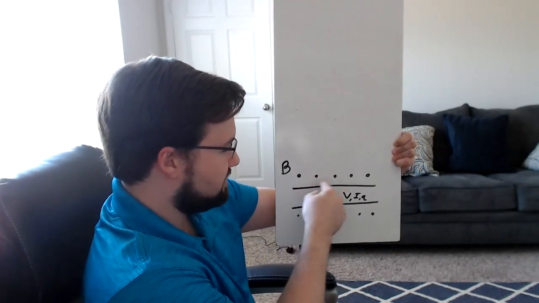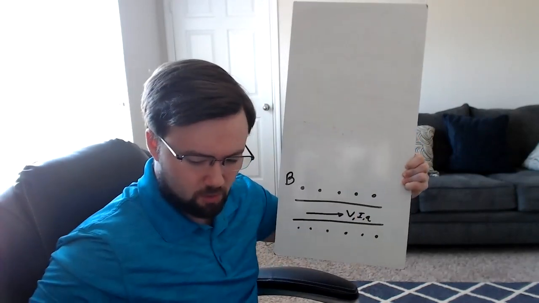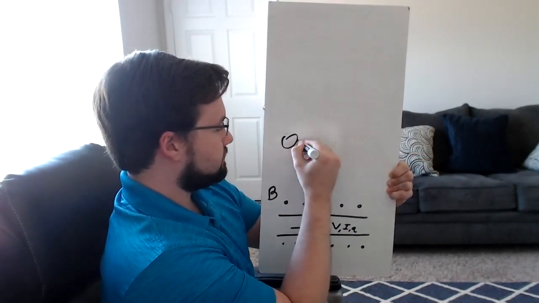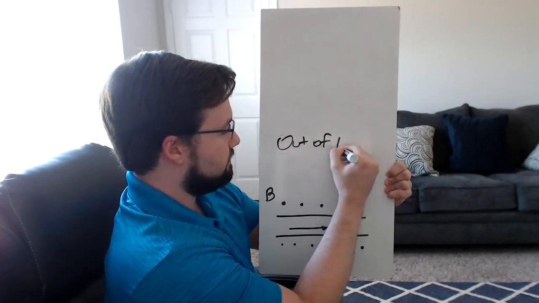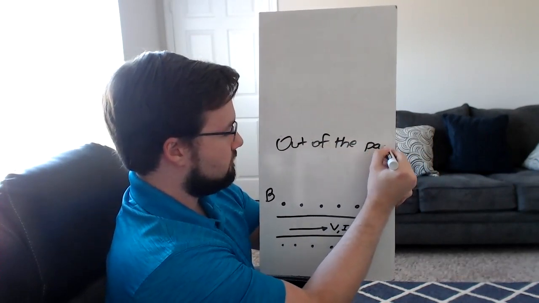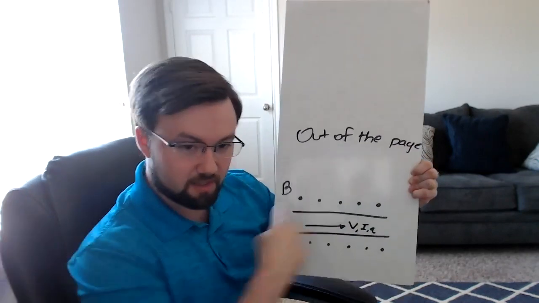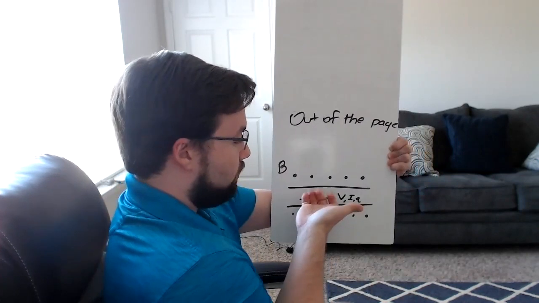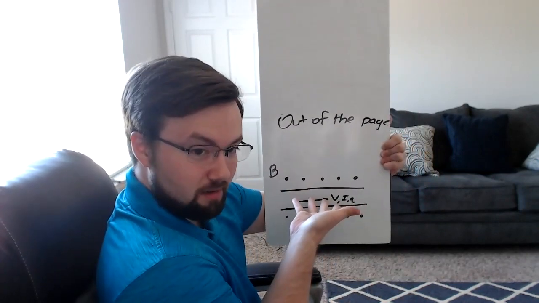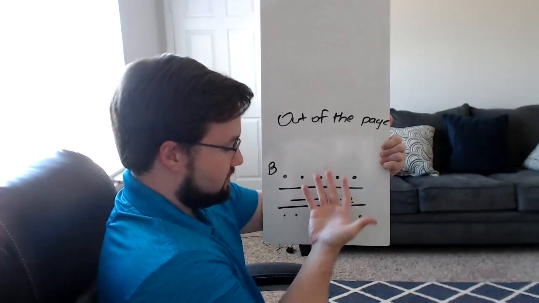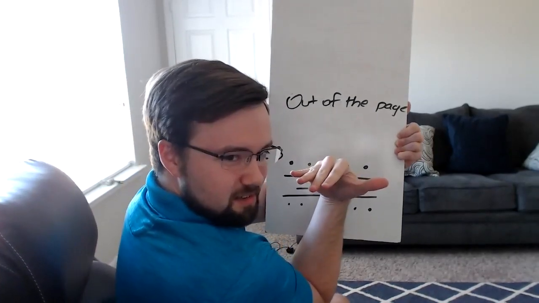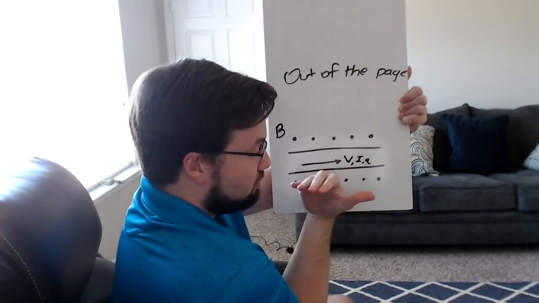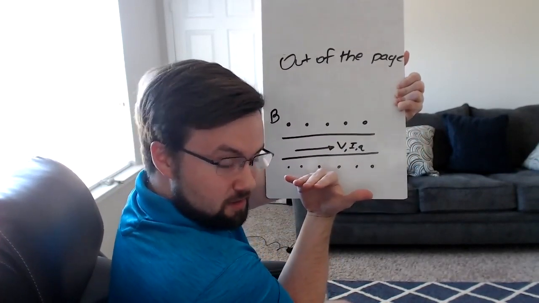Well, dots mean, and hopefully this comes up at some point in the lesson, dots mean out of the page. What that means is the dots are literally coming out to you. So my thumb needs to point there, while at the same time, my fingers need to be pointing out of this whiteboard. So I have to do something like this. Notice my fingers are pointing away from the whiteboard and my thumb is still pointing in the same direction as that arrow.